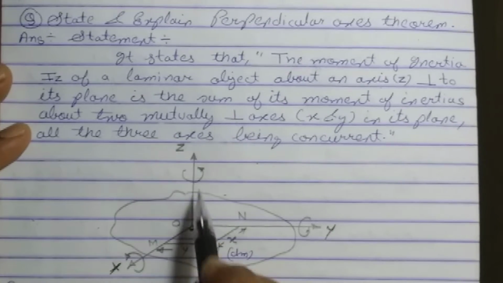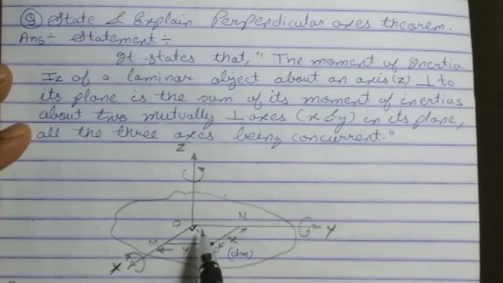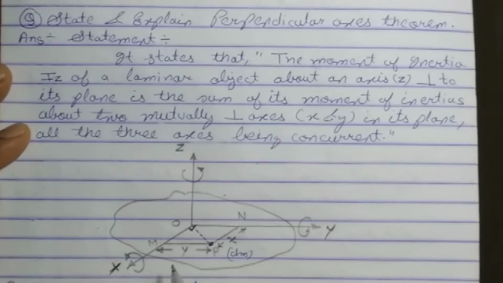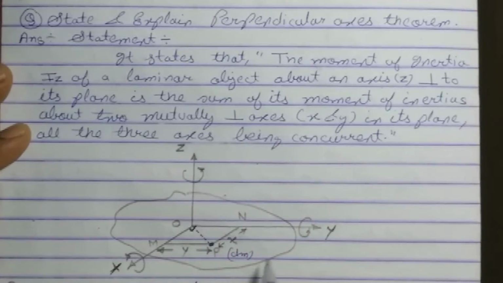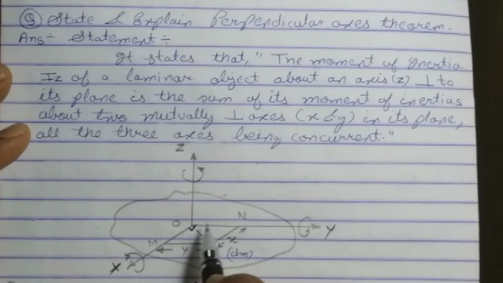This Z is perpendicular to this plane lamina as well as to the x-axis and y-axis. Remember this.